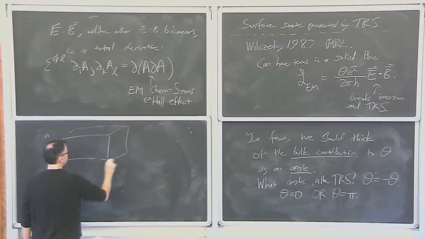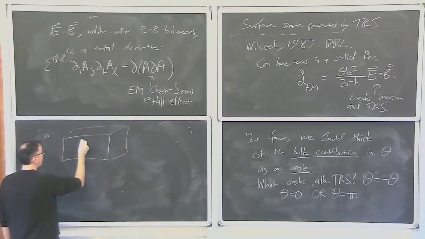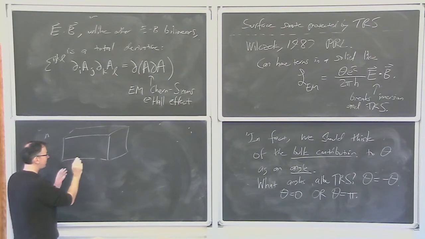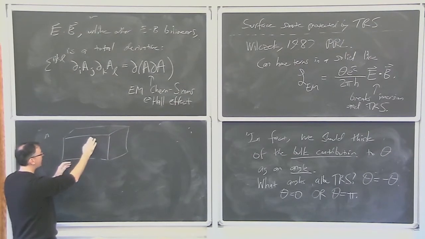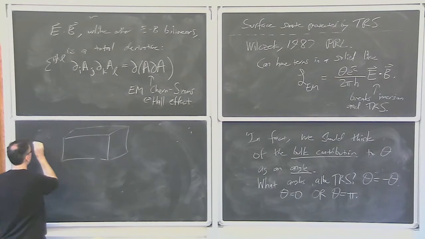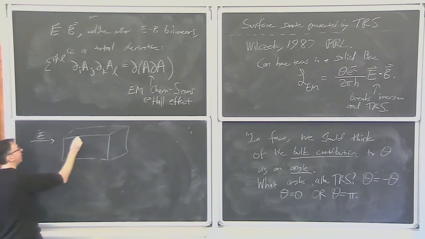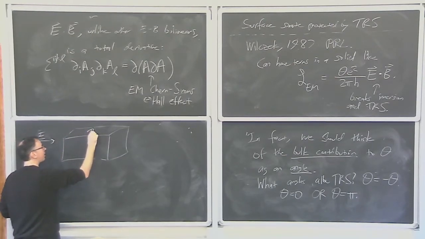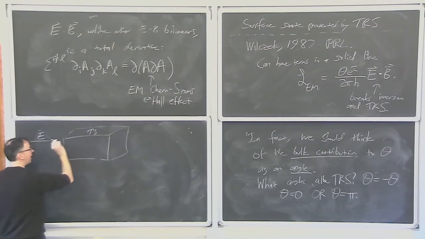Let's say that in order to do this, I would have to take my 3D topological insulator and apply some little magnetic field at the surfaces in order to gap out the Dirac cone and put them in a Hall effect state. So let's say if I were to apply electric field, then Hall effect means I'll get currents perpendicular to E at the surface.